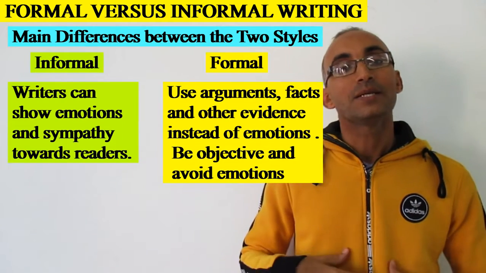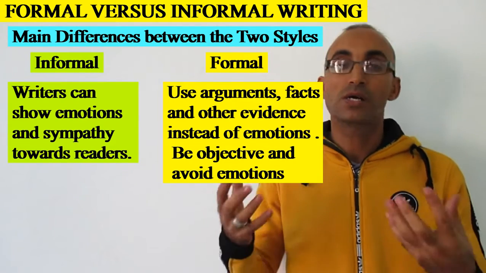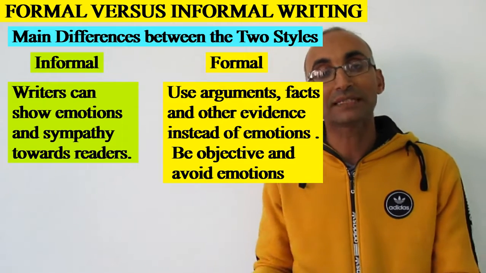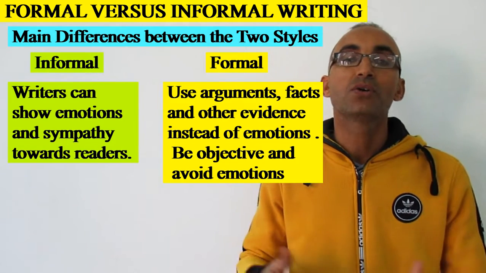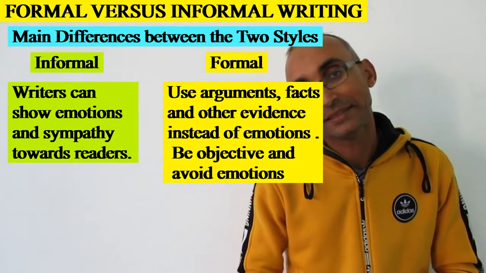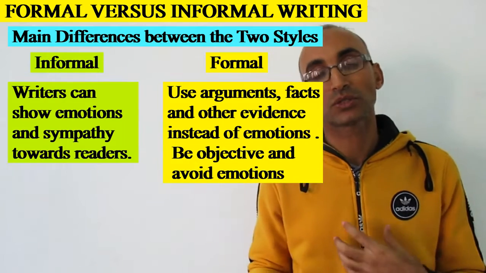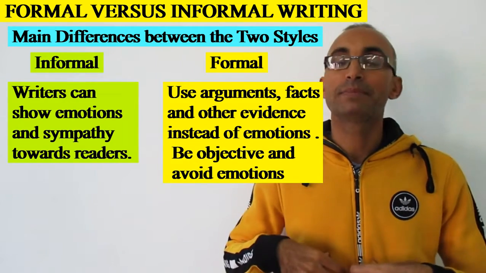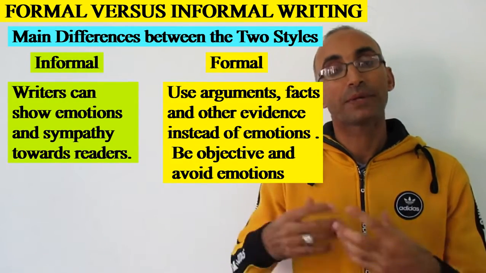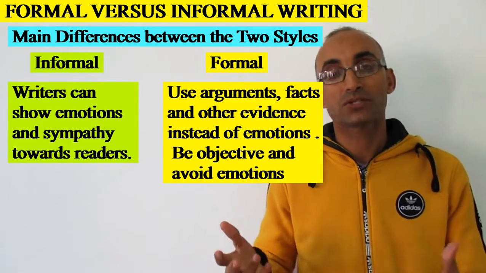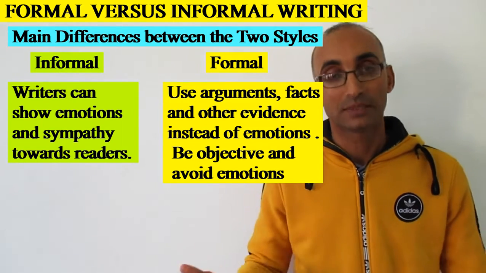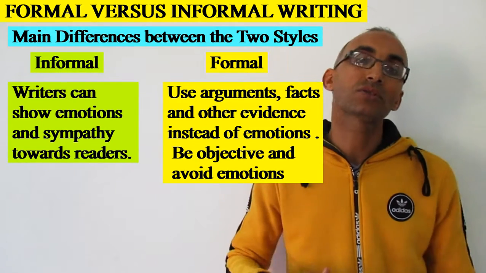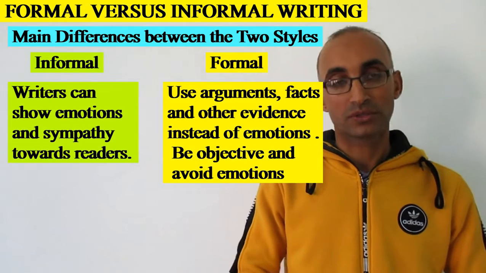And avoid immersing yourself and your emotions and feelings in your piece of formal writing. You are not meant here to sympathize or to show emotions, but to argue, to describe, to express, to comment, to provide facts, to inform, and not to sympathize and show emotions and so on.